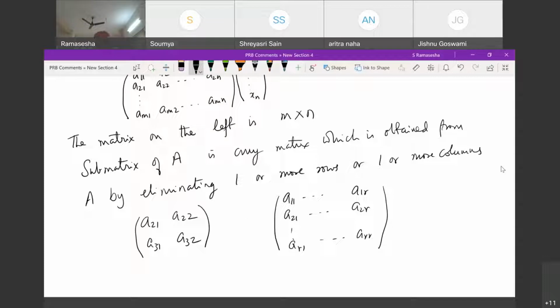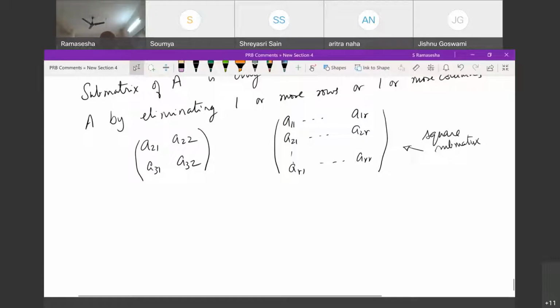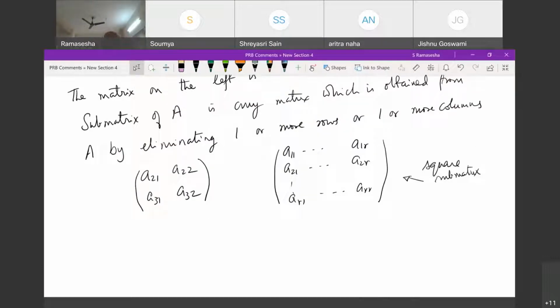So this is another submatrix, a square submatrix. Submatrices need not be square; they can be non-square submatrices. So it is not necessary, and you can have a large number of submatrices.